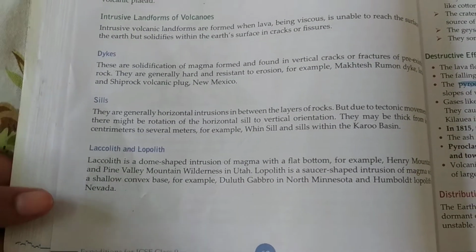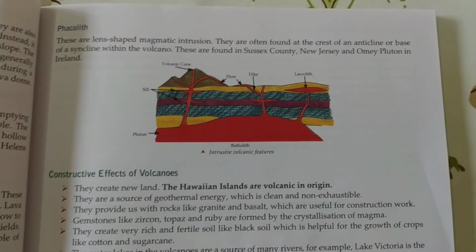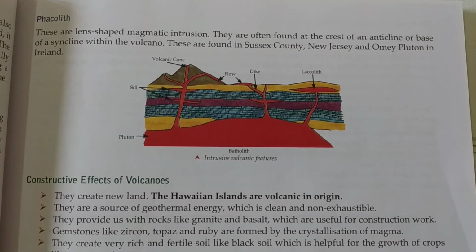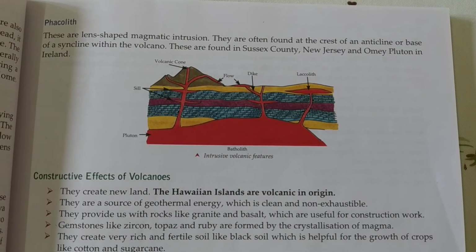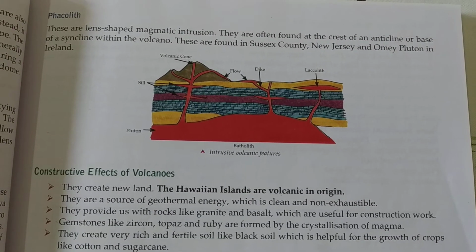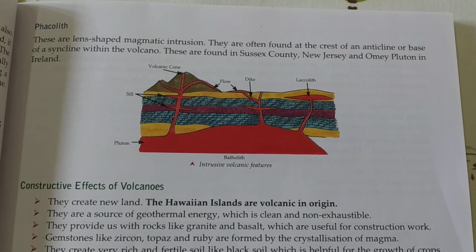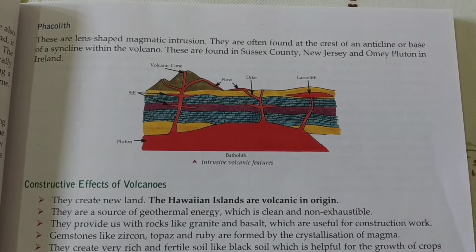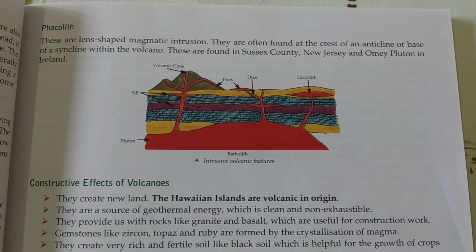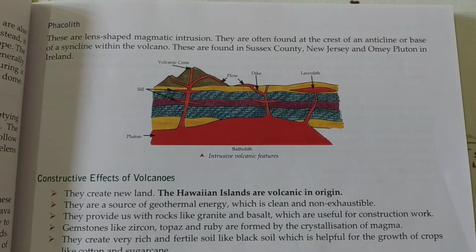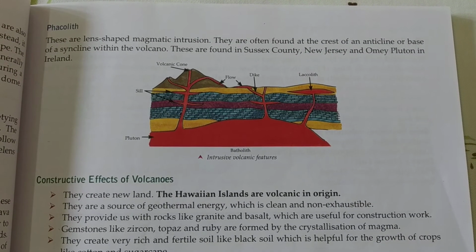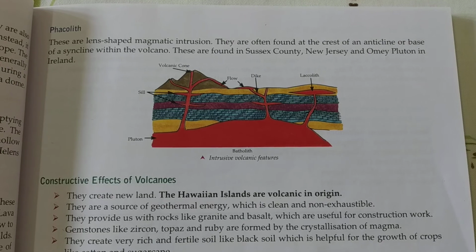Next on page 61 you have phacolith. These are lens-shaped magmatic intrusions. They are often found at the crest, at the top of an anticline. You know there are the folds anticline and syncline. You must have come across these terms while reading about fold mountains.